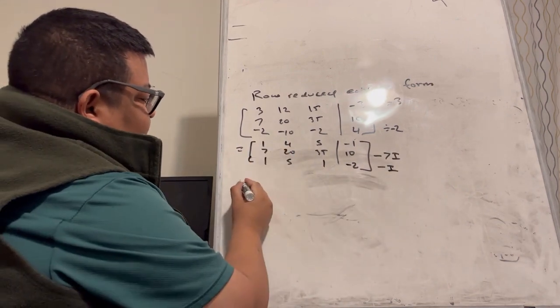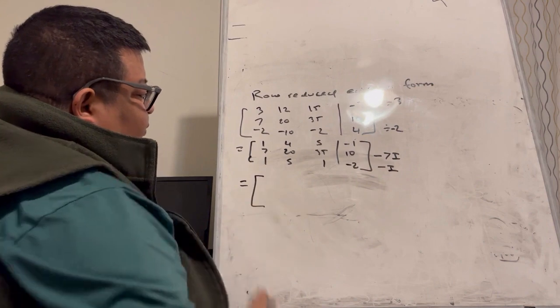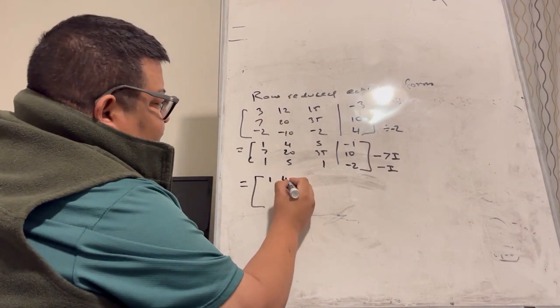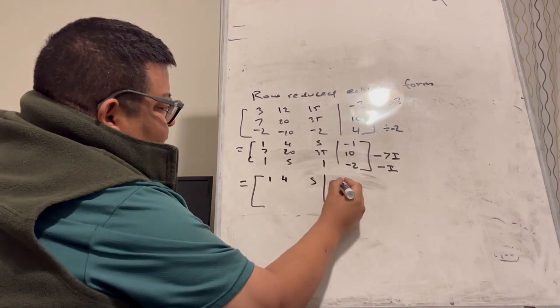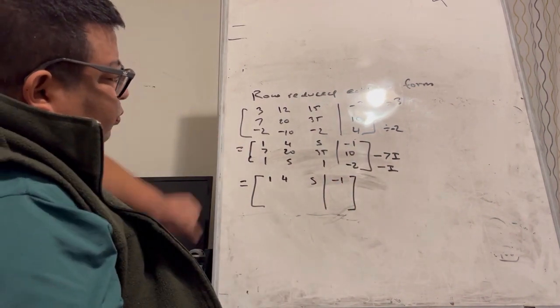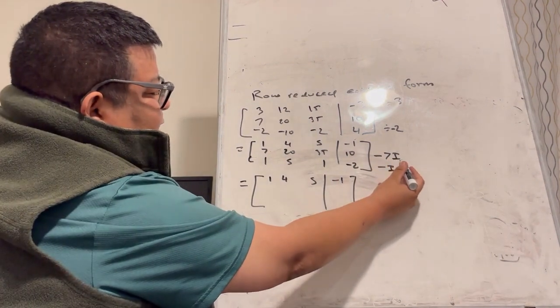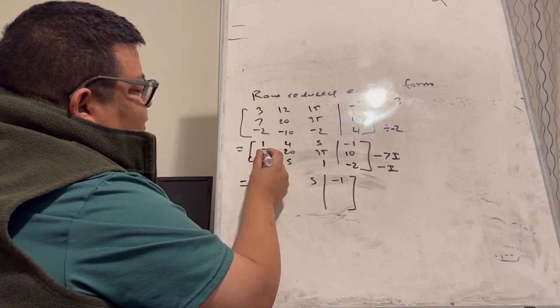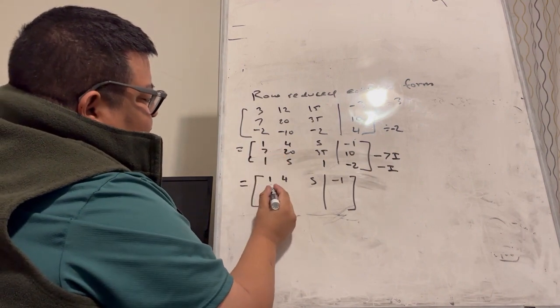Okay, so if we do that, the first row stays the same, but the second row, because we're subtracting -7 R1, that means we multiply the first row by -7 and add it to the second row. So we're gonna get 0.